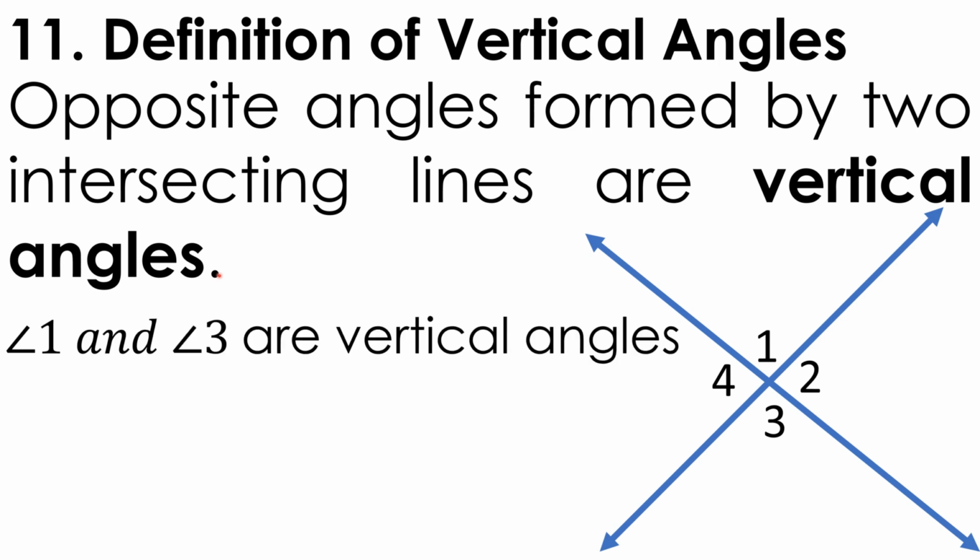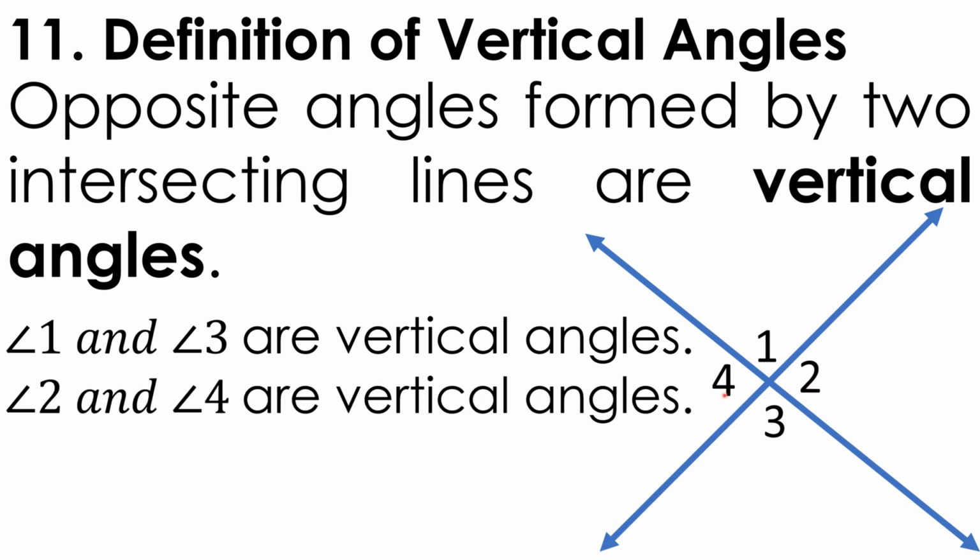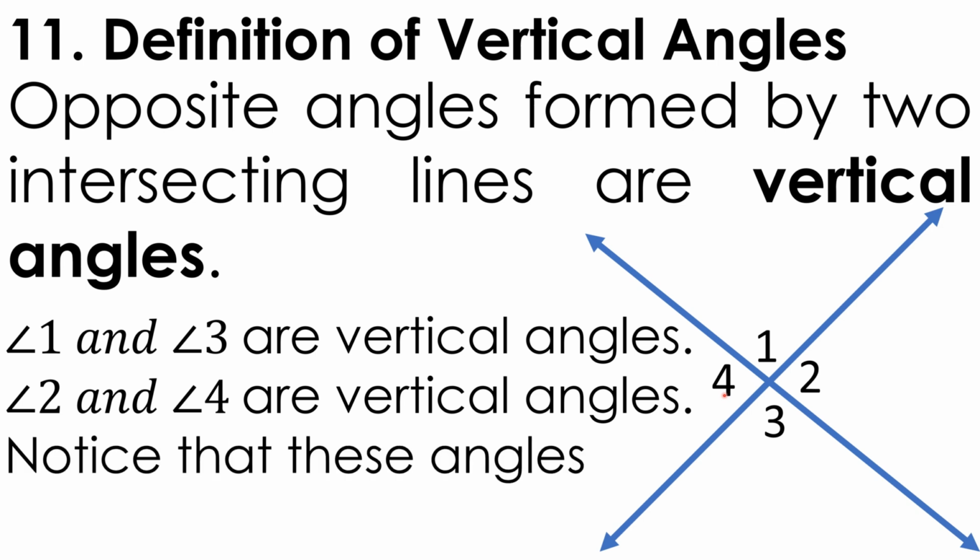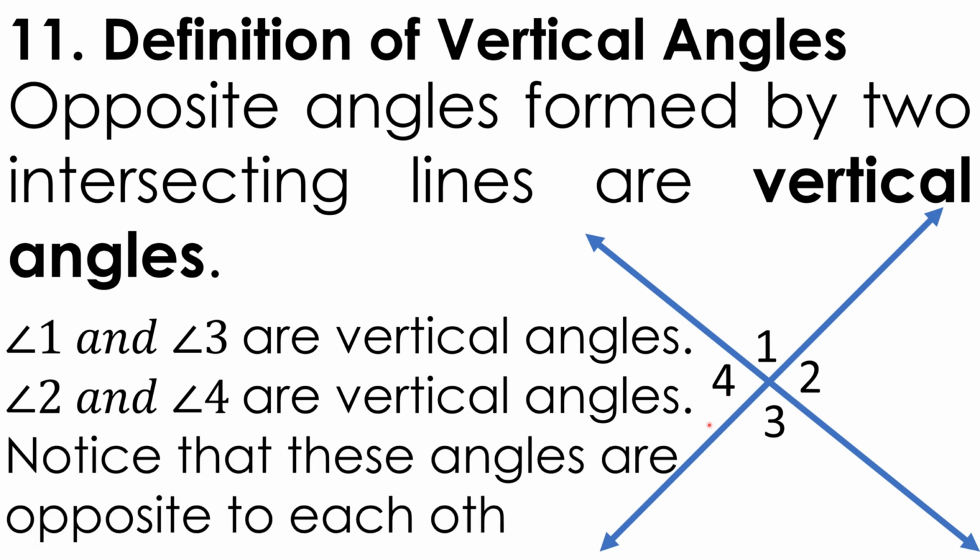Angle 1 and angle 3 are vertical angles. Also, angle 2 and angle 4 are vertical angles. Notice that these angles are opposite to each other. Because of the definition, opposite angles formed by two intersecting lines are what we call vertical angles.